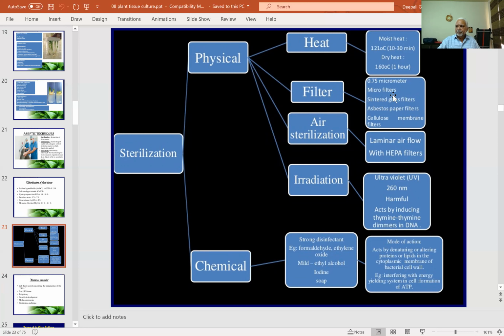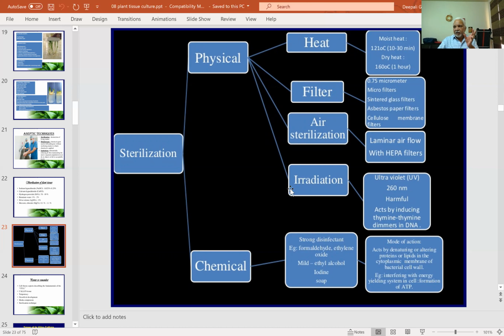You have nowadays the whole bench where the operations are done, it has this dry airflow, what we call laminar flow chambers, and then the air comes through filters which removes all the bacterial contaminant from the air, so you can freely work.